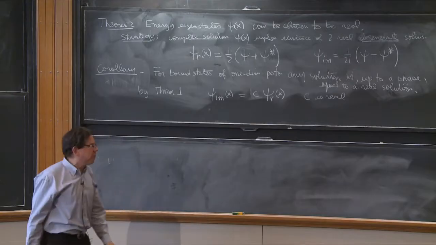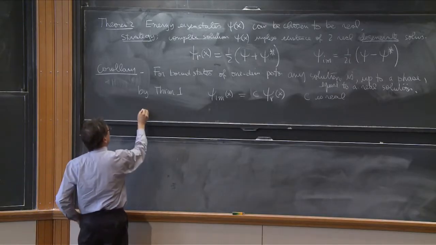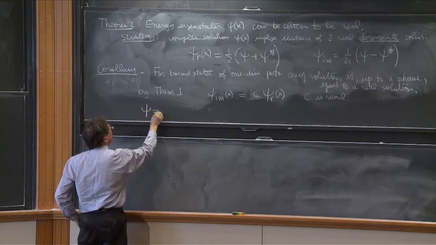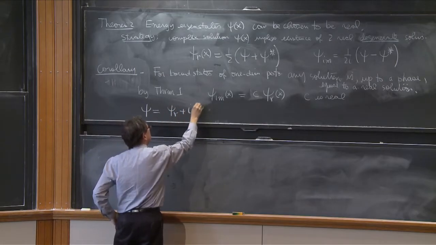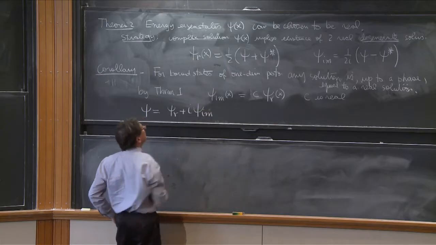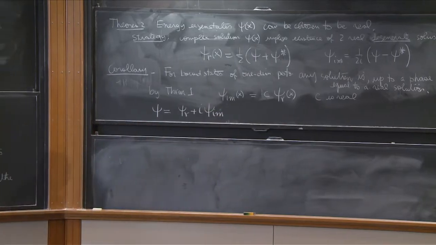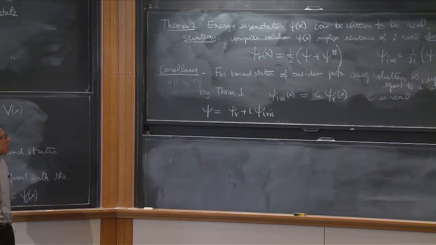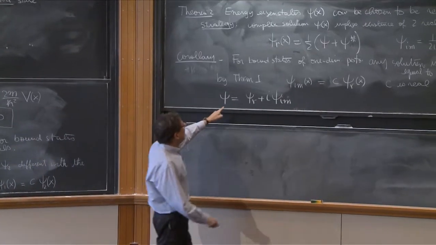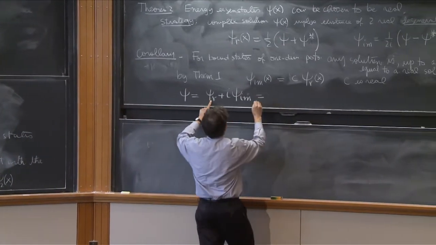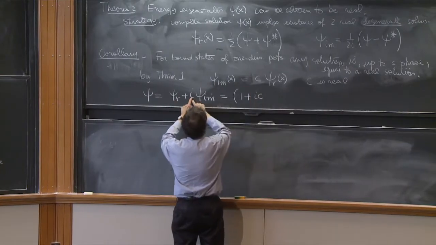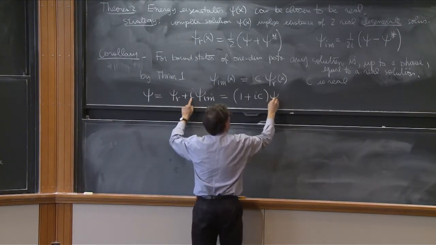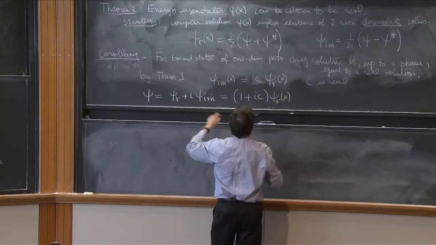Therefore, even if you form the original complex solution, psi, which is psi real plus i psi imaginary, you can check that. It's clear by definition that that's the way it should be. If you take this, this is equal to 1 plus i times C times psi real of x.